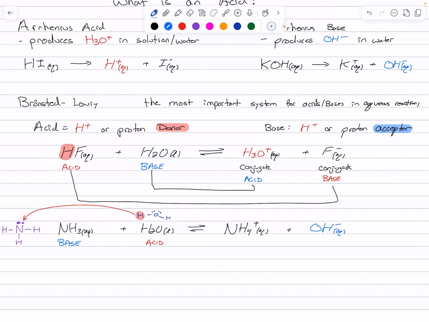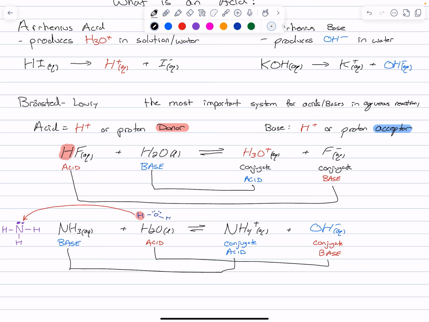So if ammonia is the base, that means ammonium would be the conjugate acid, because now it has the proton. And hydroxide would be the conjugate base. And so if we look at our conjugate acid-base pairs, there's our acid, there's our base.